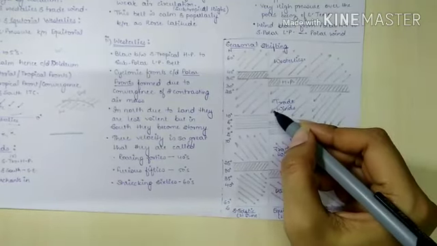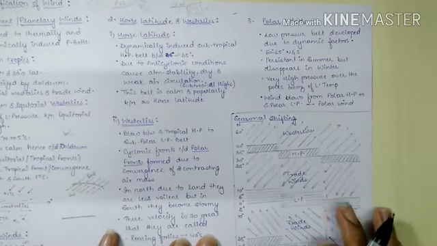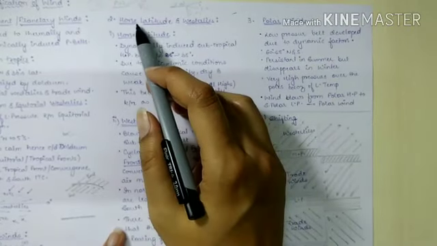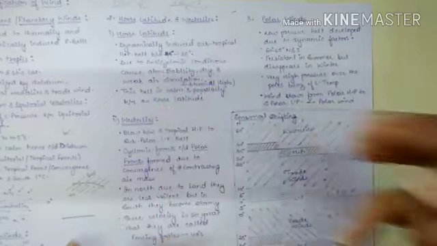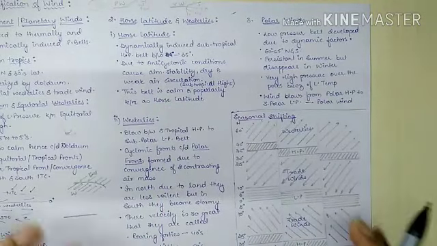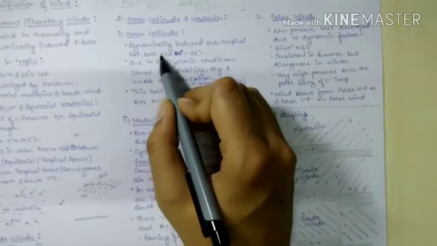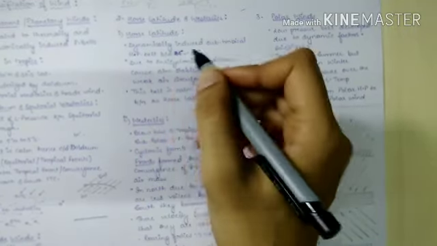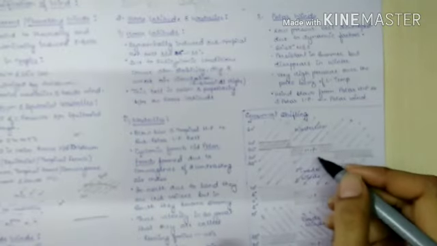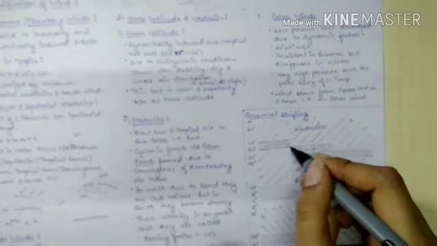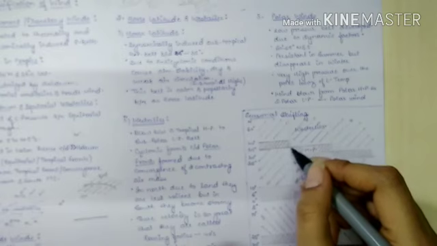Now next is horse latitude and westerlies. What is horse latitude? Horse latitude is the dynamically induced subtropical high pressure belt, and we have studied this subtropical high pressure belt here. It is between 25 degree to 35 degree.